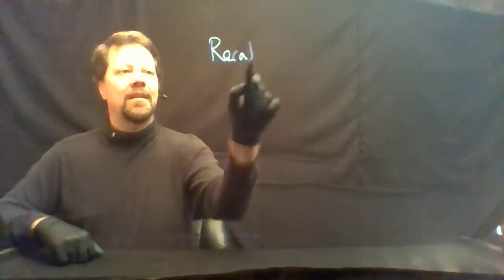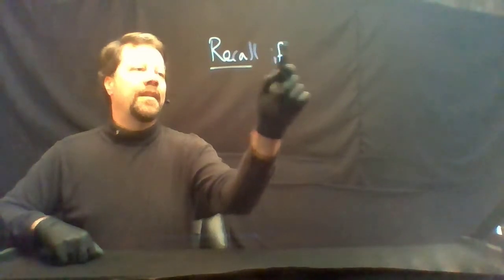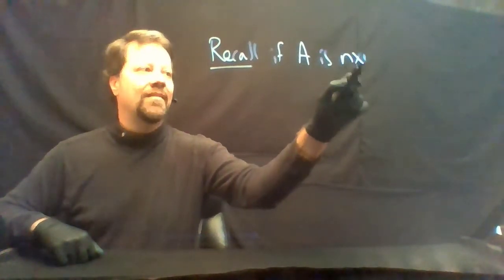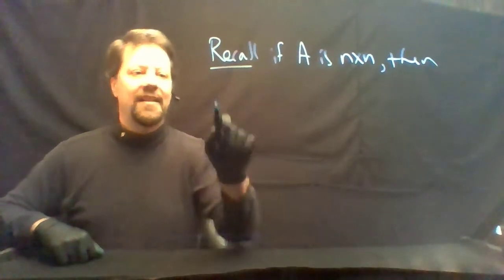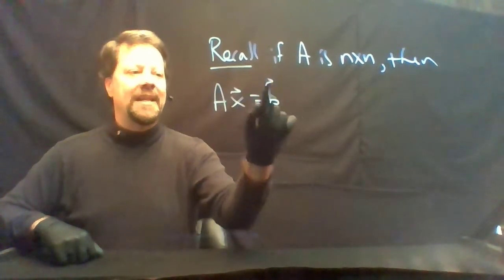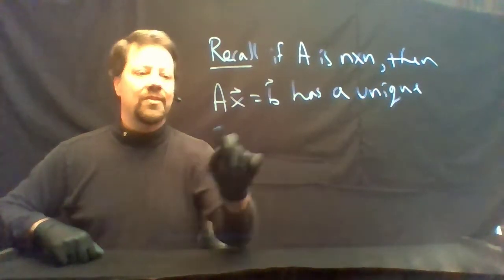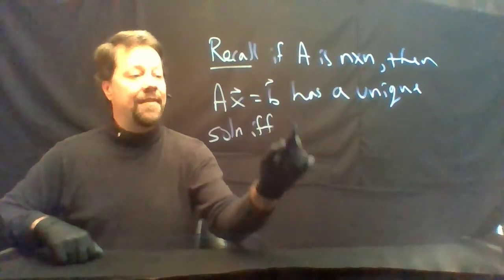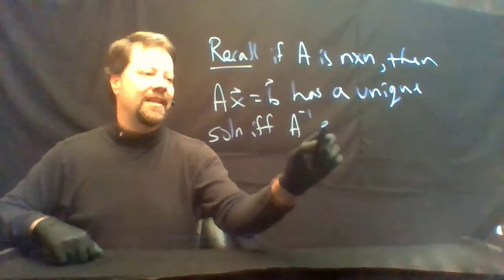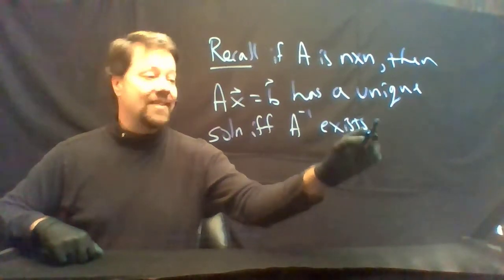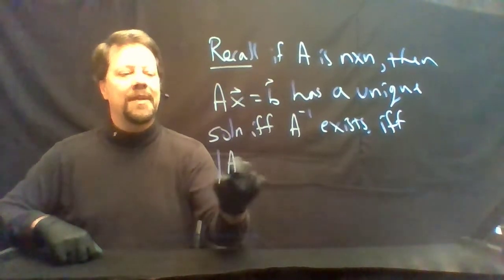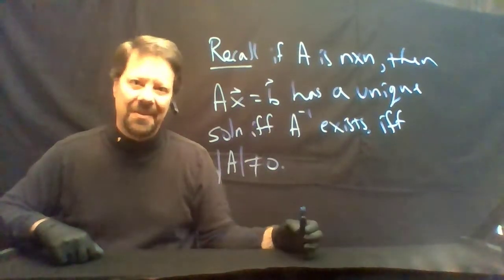This analysis is giving us a much better understanding of the solutions to systems of equations. I want you to recall, if A is square, then Ax equals b has a unique solution if and only if A inverse exists, and that's true if and only if the determinant of A is not 0.